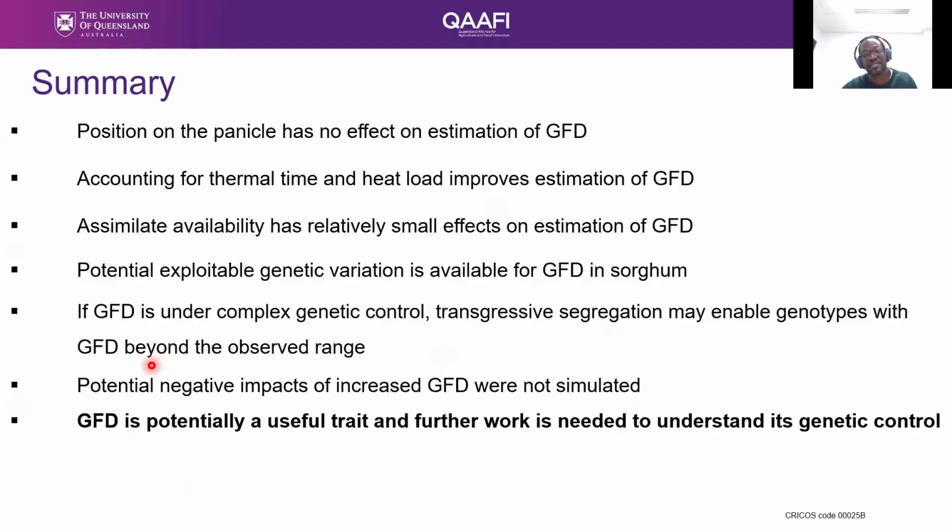And if this is not fitting in the cropping systems of whatever farming systems the growers are using, then potentially that will be a negative contribution of this grain filling duration to the cropping systems. That said, we acknowledge that grain filling duration is potentially a useful trait that we need to explore more to understand its genetic control.